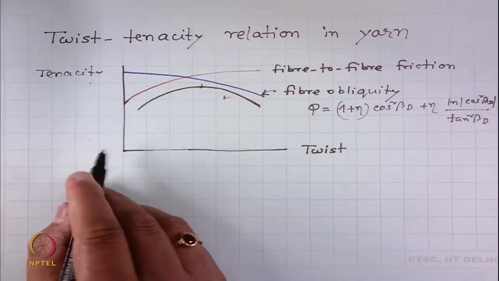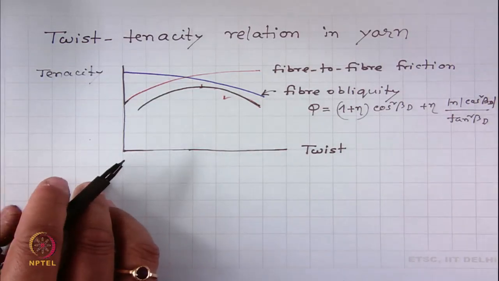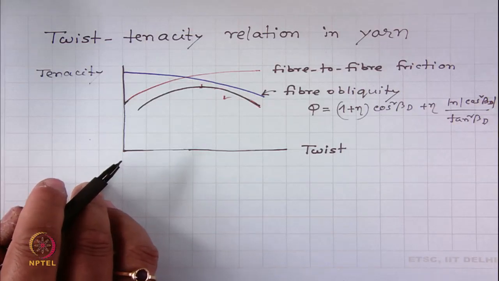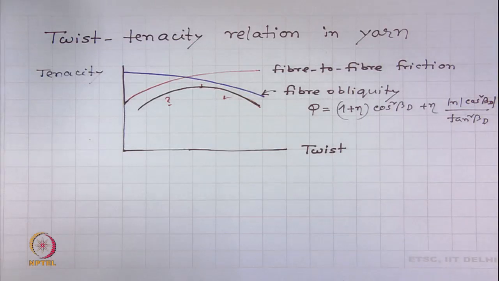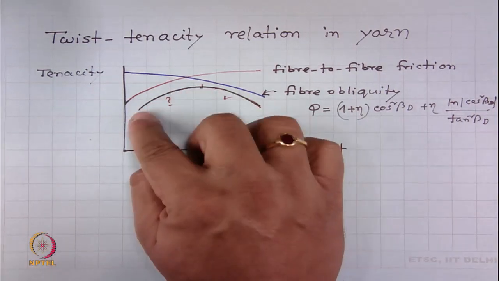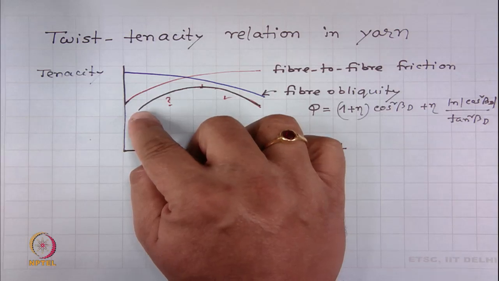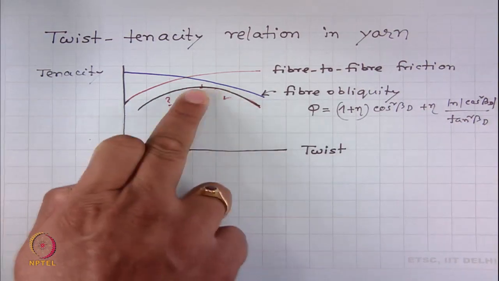However, fiber to fiber friction and its effect on tenacity of yarn is still an unsolved problem in the theory of yarn. In future, one can attempt to solve this part of this curve theoretically. However, this part is theoretically solved.